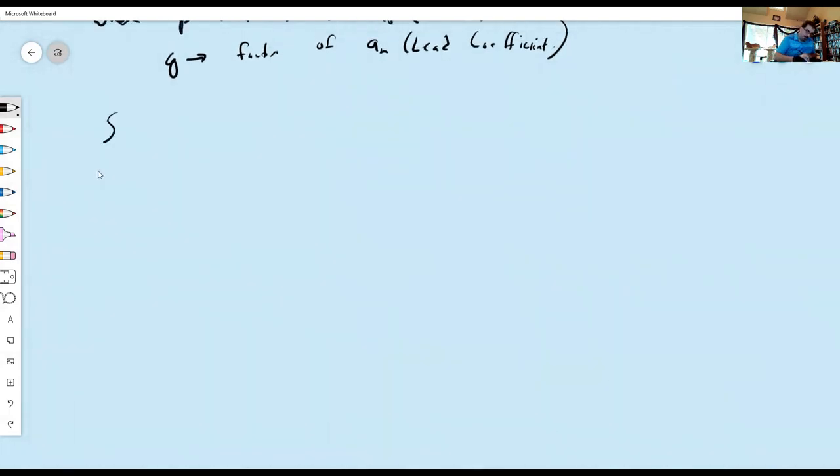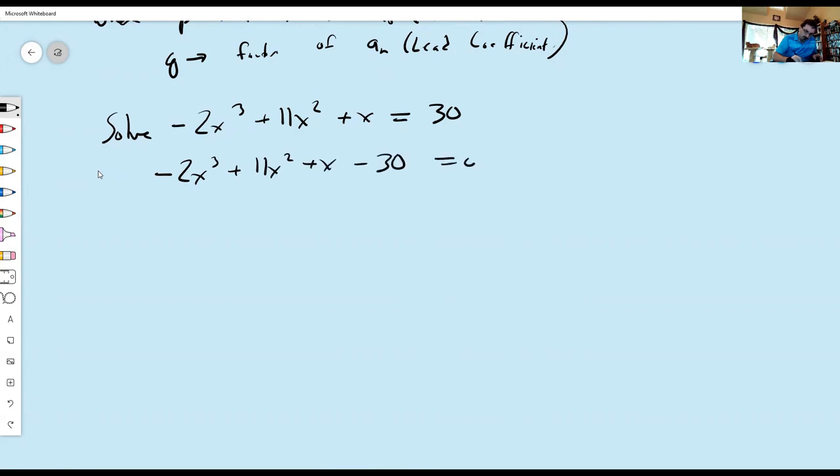So we're going to solve minus 2x cubed plus 11x squared plus x equals 30. And the first thing we need to do is set it equal to 0. We did this above, so we don't need to go deeply into it here.